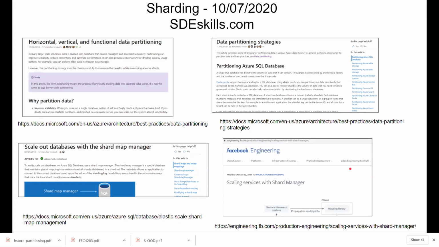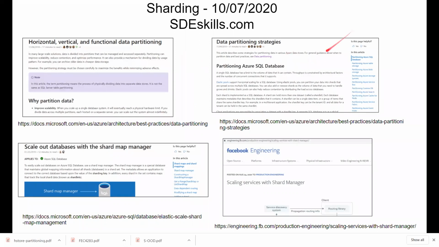This one was brought up recently: someone shared this article by Facebook on sharding and how they have set up a generic sharding platform, which supports many of the services in the Facebook ecosystem. It's a pretty interesting article, and some of the concepts they talk about I could see also in Azure. That was a good overlap, and I could see how these concepts are applied widely across different applications.